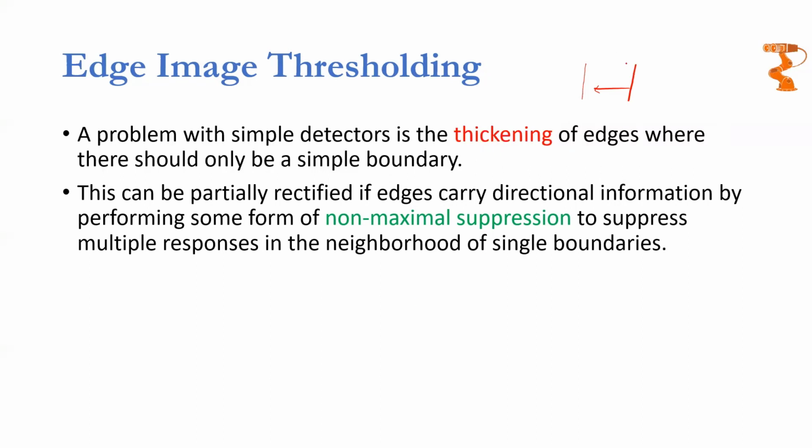For example, you can visit all these pixels, and if you know the direction of the edge, that is this direction, look in the direction which is perpendicular to the direction of the edge, and of all the pixels present in this direction, keep only the maximum. Let me explain it like this.